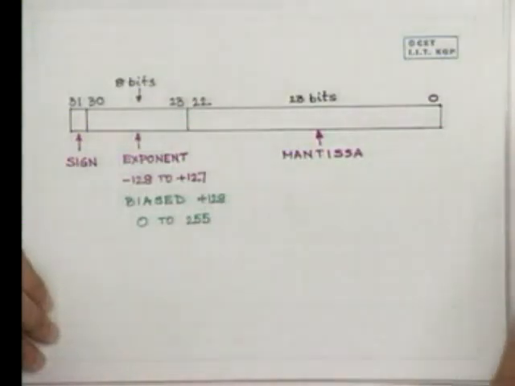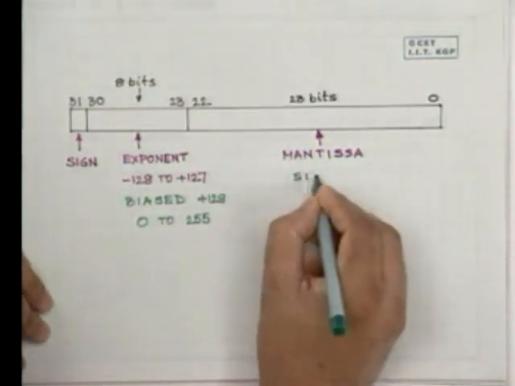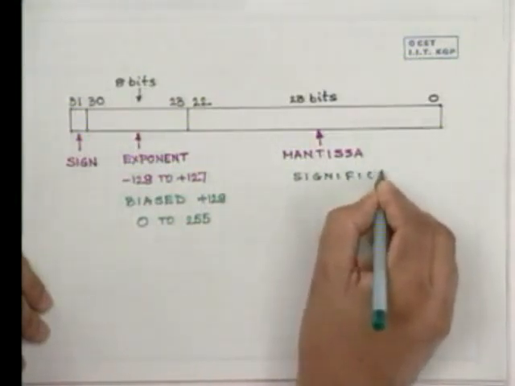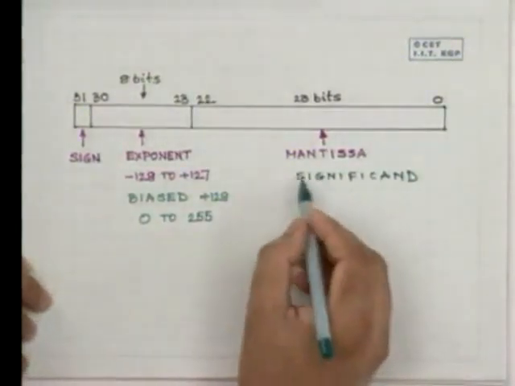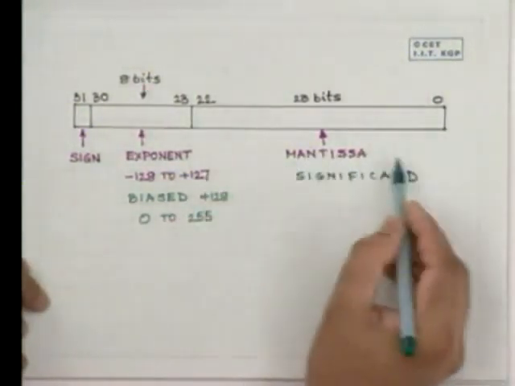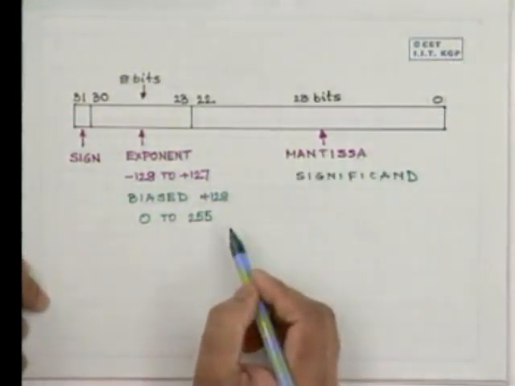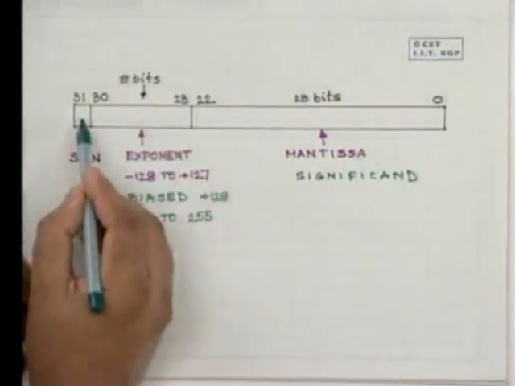That mantissa is sometimes also called, in some books, the significand. So we keep 23 bits for the significand, 8 bits for the exponent and 1 sign bit.